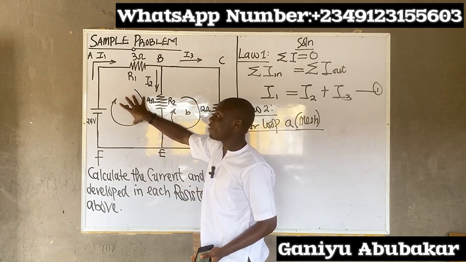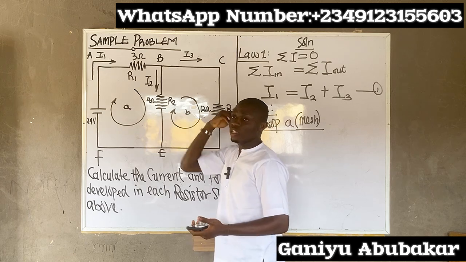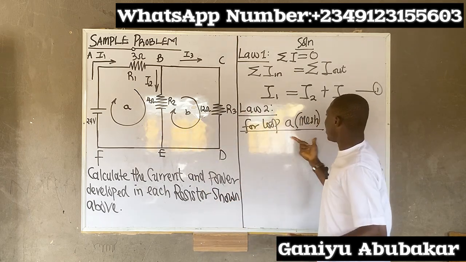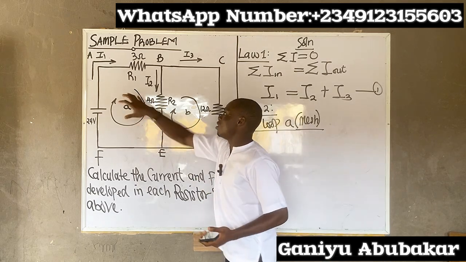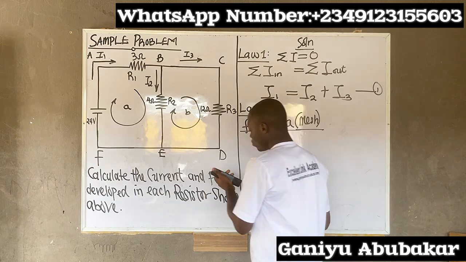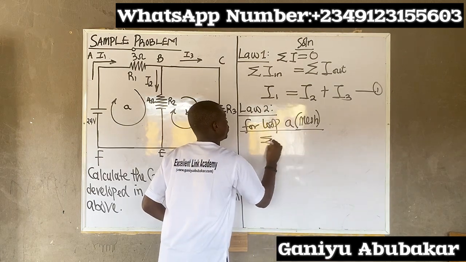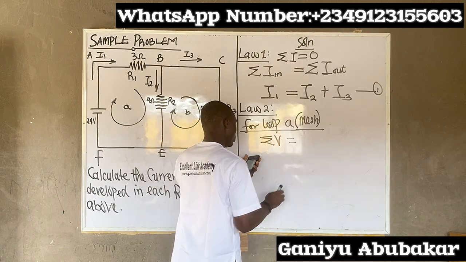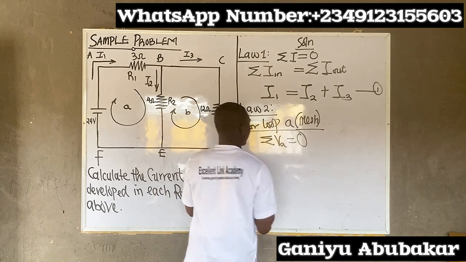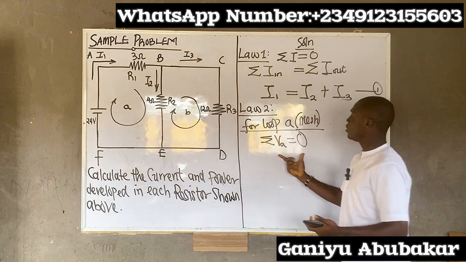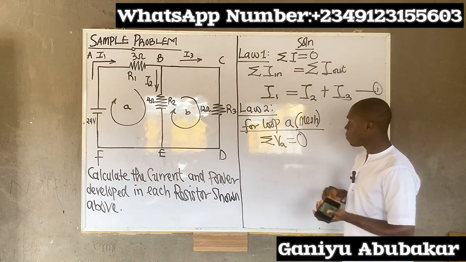Because I can't find other loops in it. For loop A, we said summation V equals 0.